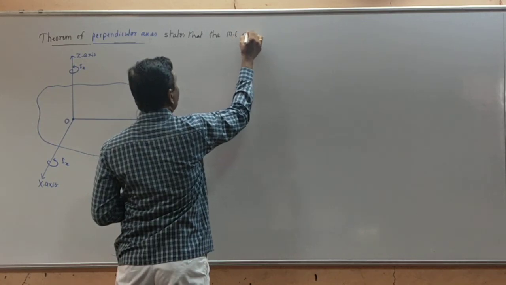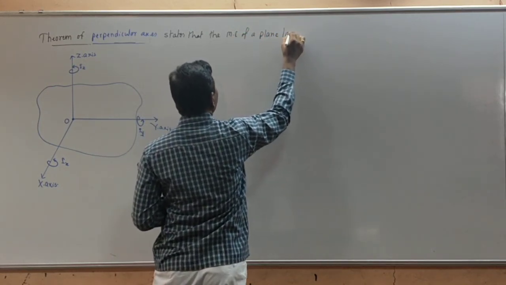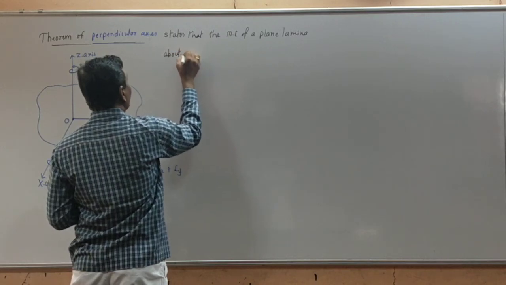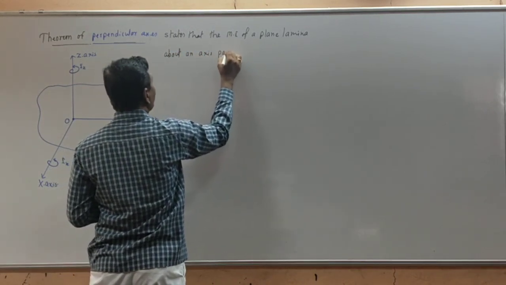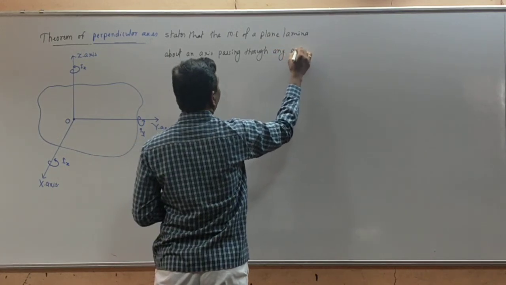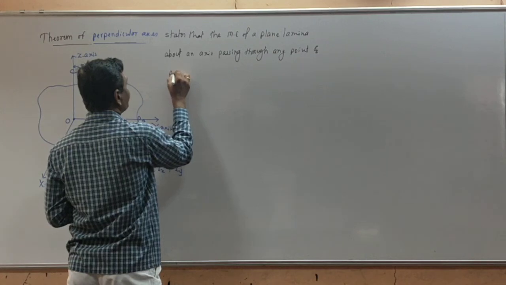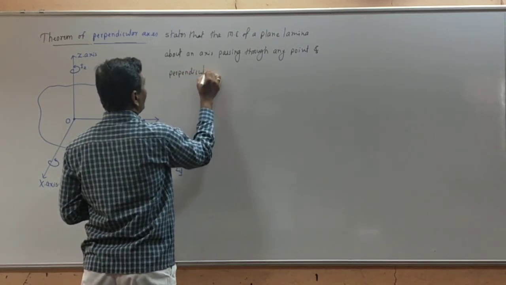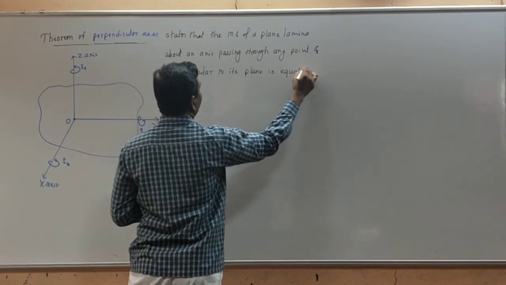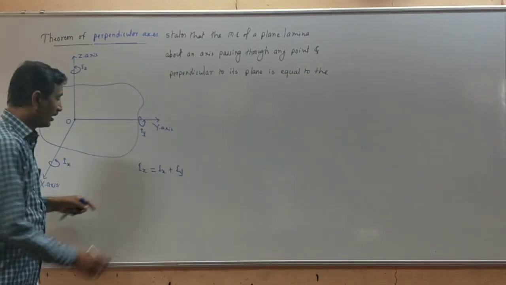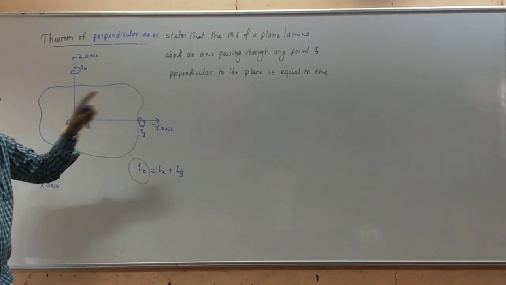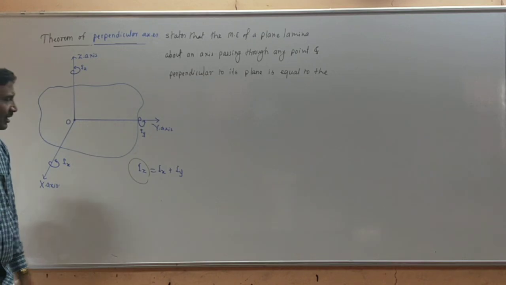The theorem of perpendicular axis states that the moment of inertia of a plane lamina, the lamina being nothing but the rigid body, about an axis passing through a point and perpendicular to its plane, that is Iz, is equal to what?